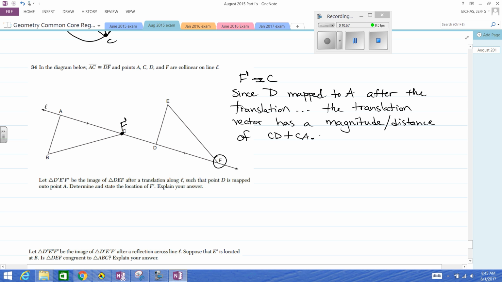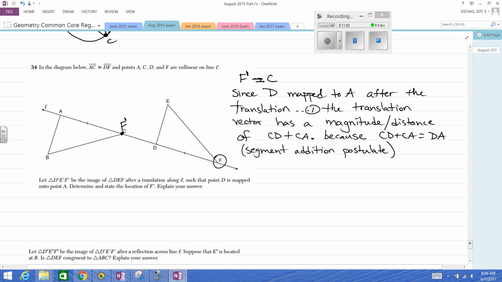All right, why is that? Because CD plus CA equals DA, and you could use the segment addition postulate. So that gets us your magnitude or your distance.